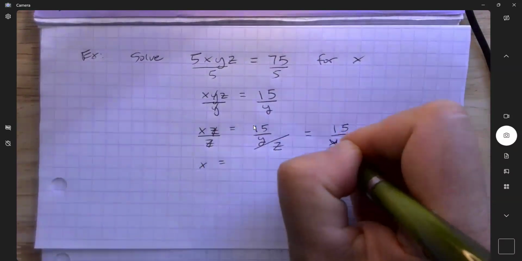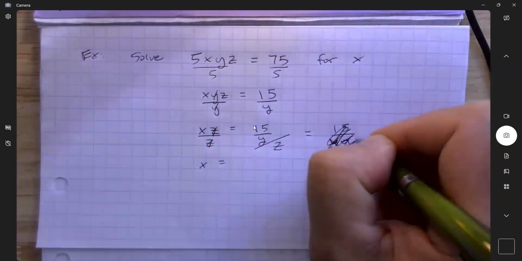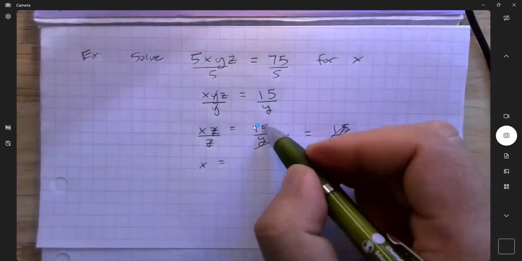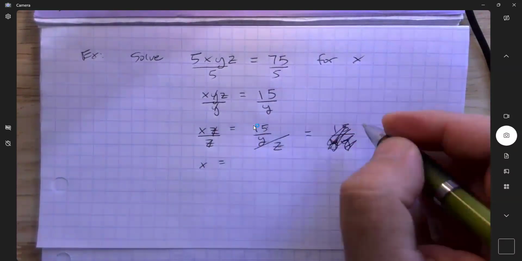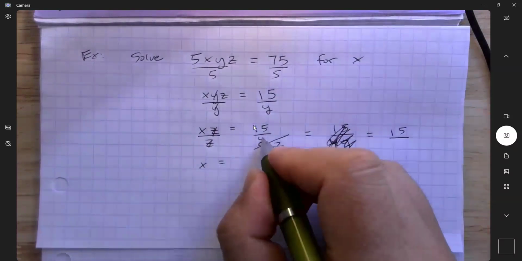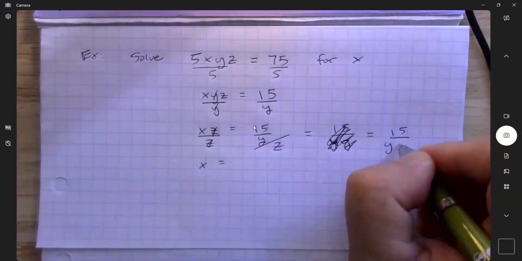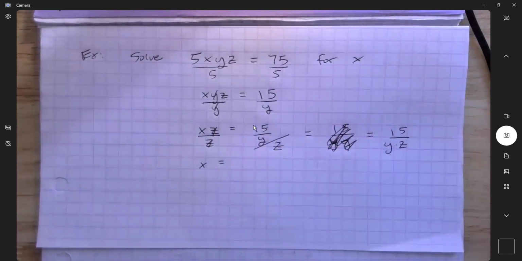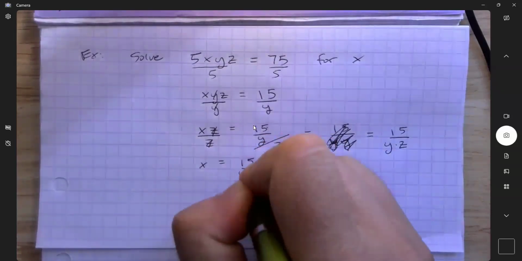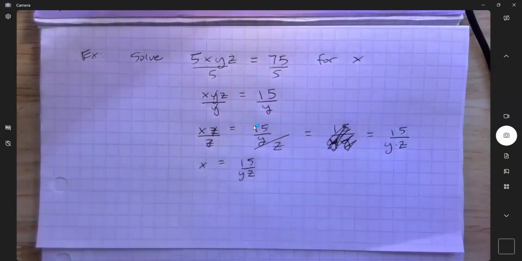Oops, that's a y. Let me start over. When you have one fraction divided by another number, that's the same thing as putting both of the denominators together, multiplied. So x equals 15 over y times z.